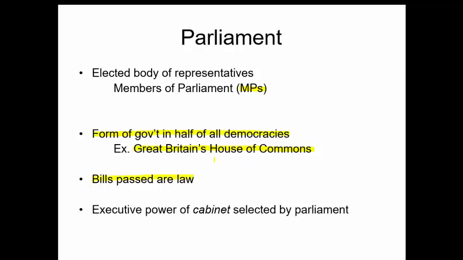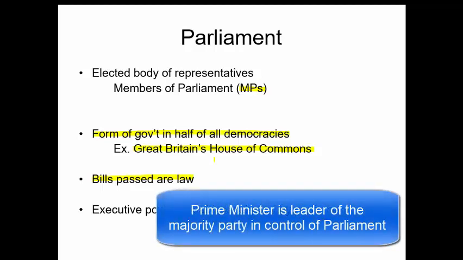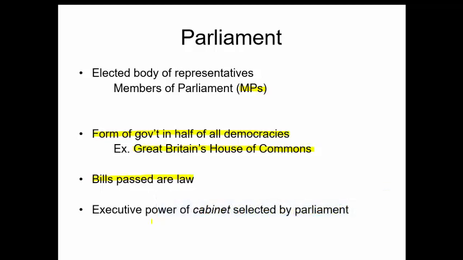And so we'll see the major difference between the parliamentary systems and the presidential systems is that the Parliament has pretty much total control, particularly the majority party or the coalition government, because there is no president that will be signing the bills. The prime minister is the leader of the majority party, and the majority party and the prime minister have considerable control over government while they're in power.